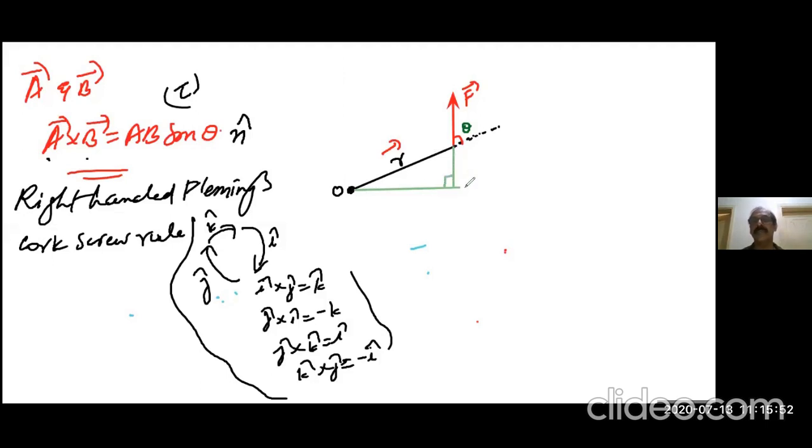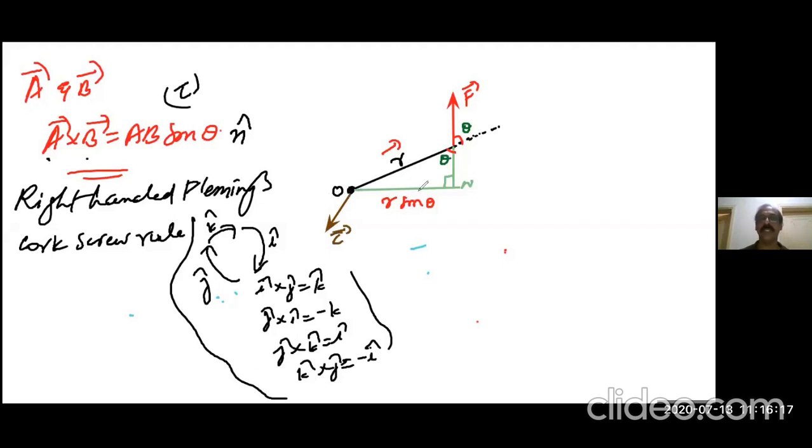So this will be R sine theta. This is also theta. R sine theta. So the resultant of this vector will be here. This is the torque.